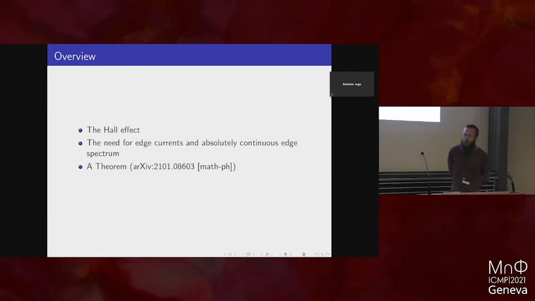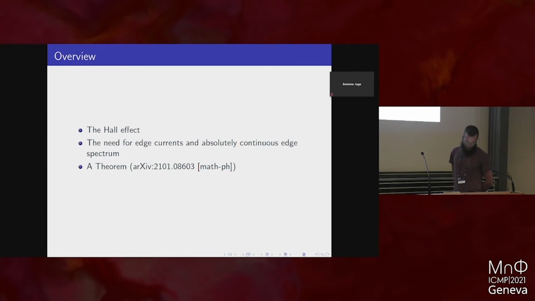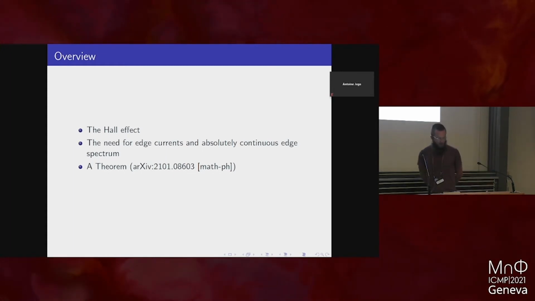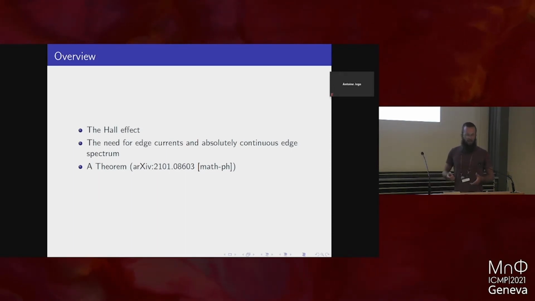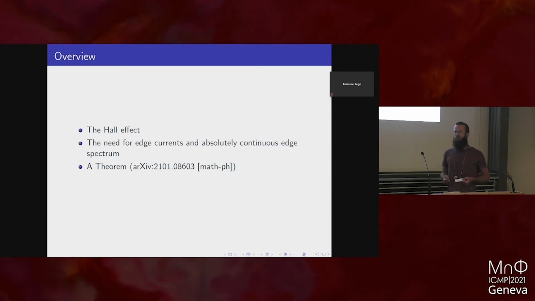Right, I will first quickly repeat again what the Hall effect actually is. I think most of you just heard the talk by Marcello Porta, so I can be brief. Then I will try to convince you that if you have a Hall insulator with an edge, then something special has to happen at this edge, namely there have to be edge currents, and these edge currents have to be associated to absolutely continuous edge spectrum of the Hamiltonian describing that Hall insulator with an edge.